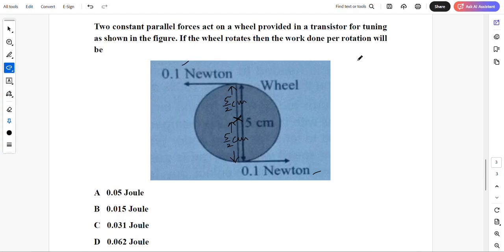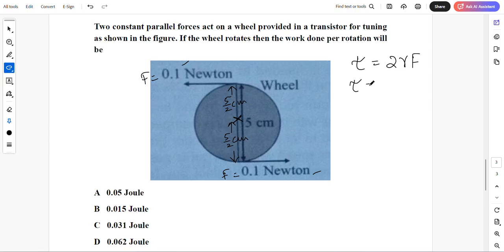Now torque will be equal to 2 R F. This is F. This is also called a couple because two equal forces are acting in opposite direction.